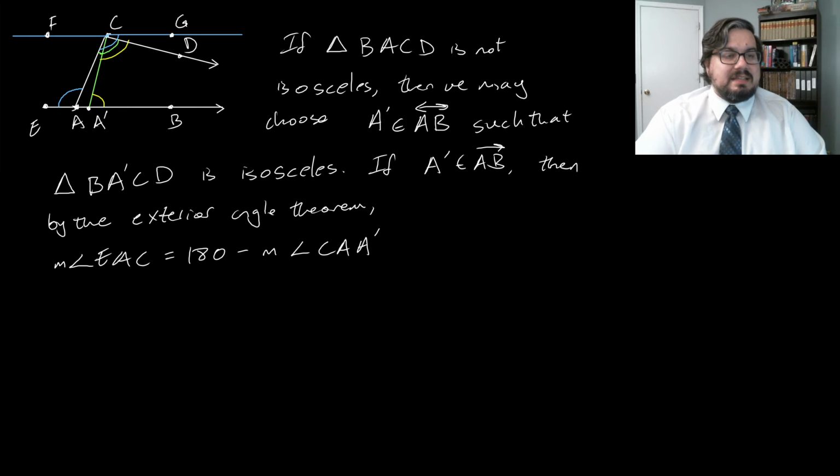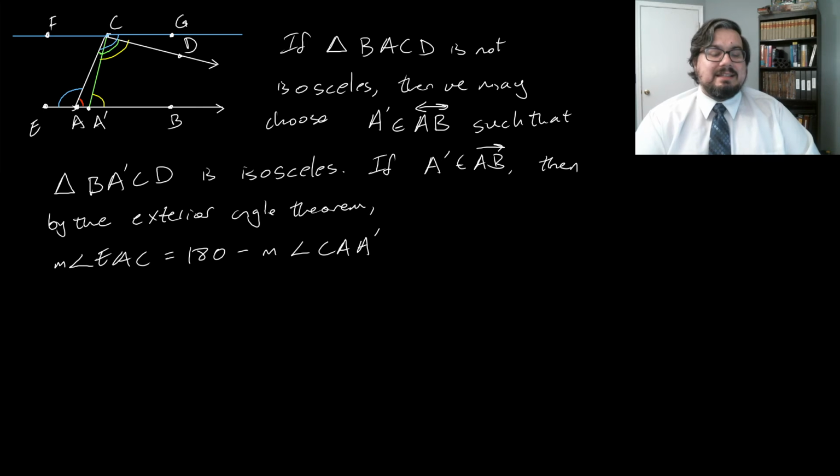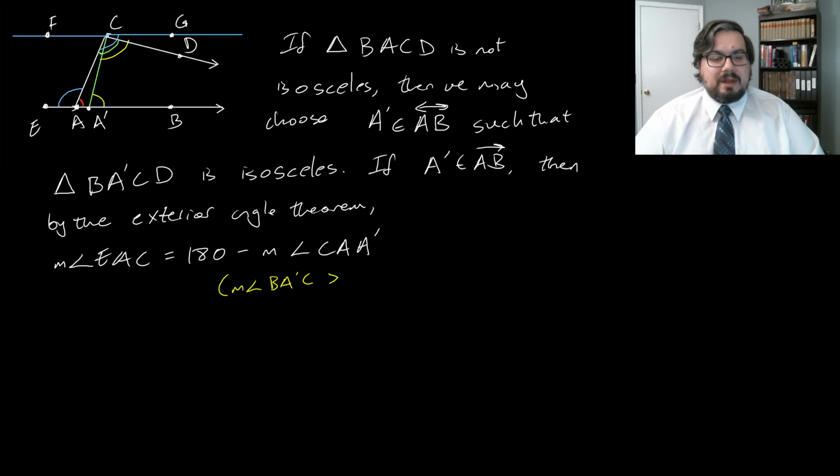Now the angle CAA prime, you'll notice, is an interior angle of the triangle CAA prime, and the yellow angle at A prime is an exterior angle to it. So by the exterior angle theorem, we have that the measure of angle BA prime C is greater than the measure of angle A prime AC.